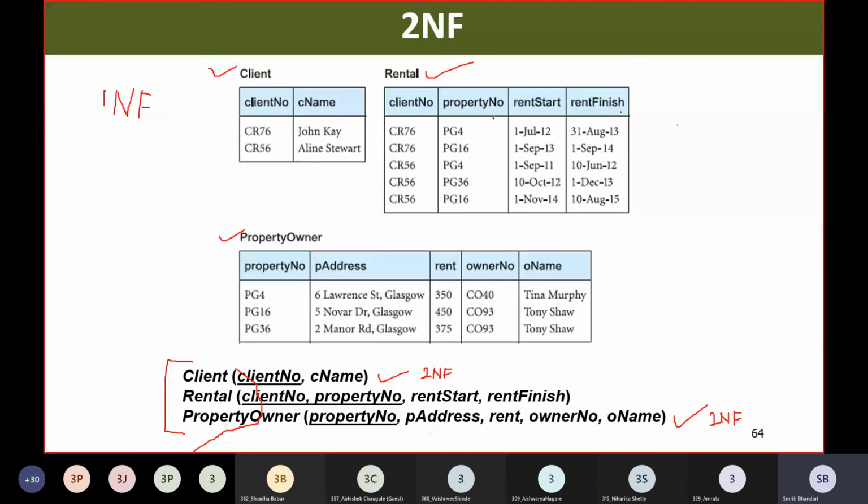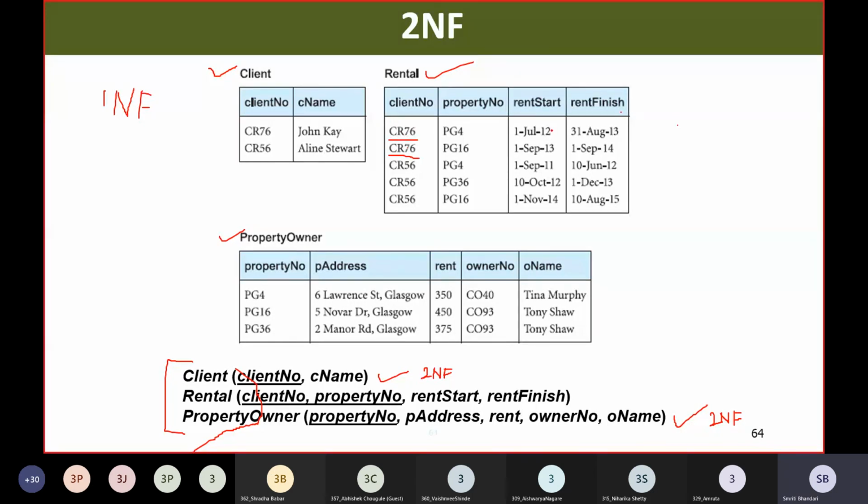So if we look at rent start, then rent start is fully dependent on client number, property number. Why? See, if we consider only client number, then client number is repeated here, CR76, CR76, right?